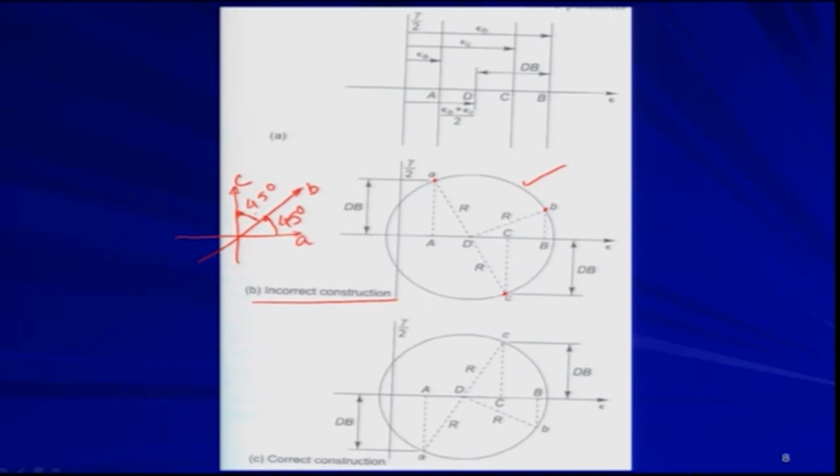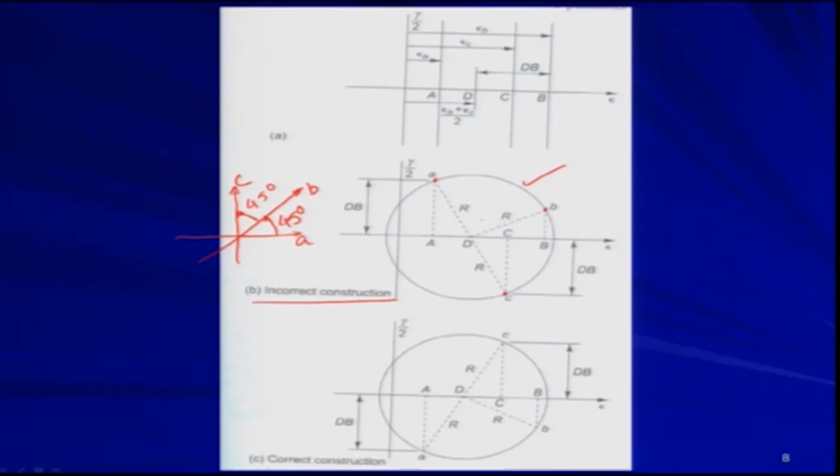Now, let us see here. From A, if we go to B in the Mohr circle, you need to go 90° anticlockwise. But here in this construction, you have to go 90° in the clockwise direction. Similarly, from B to C, that angle is again 90° in the clockwise direction.